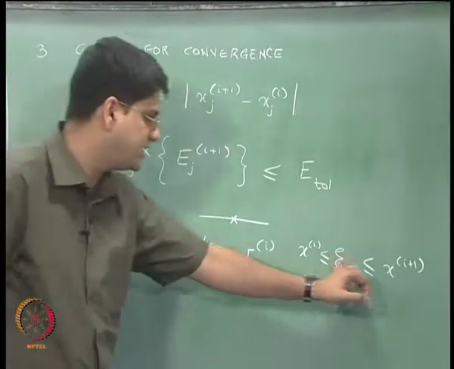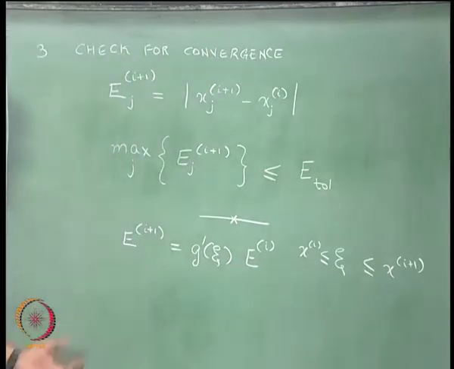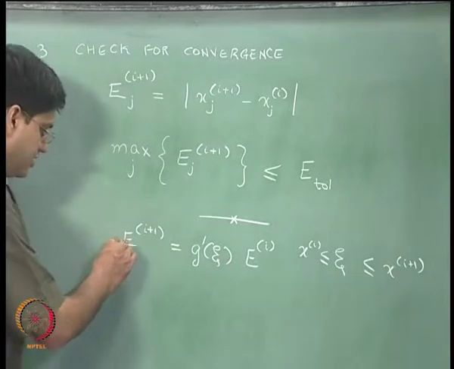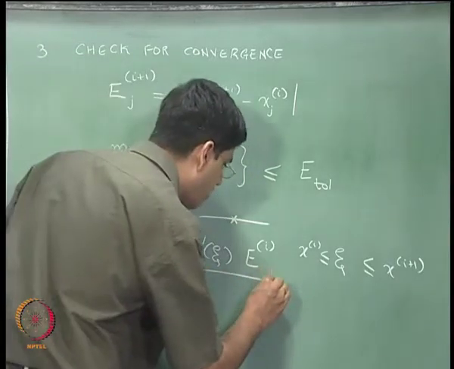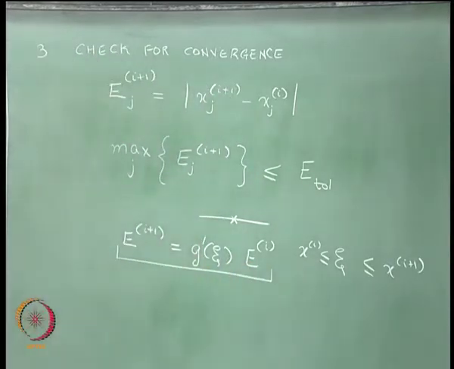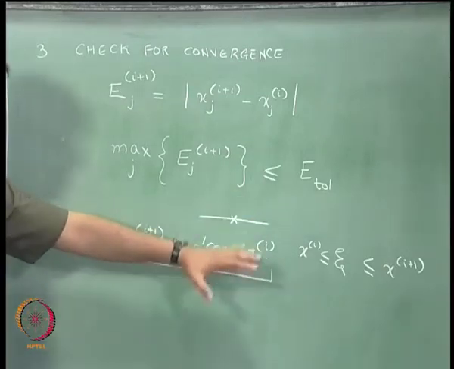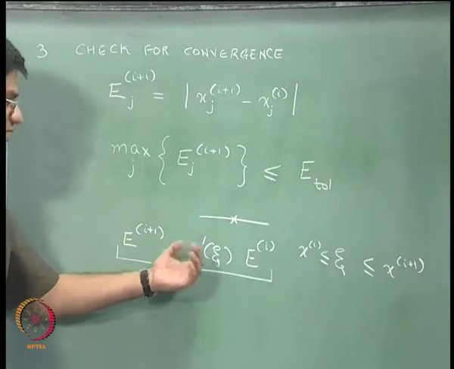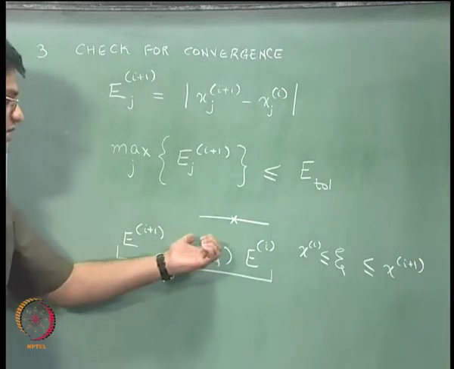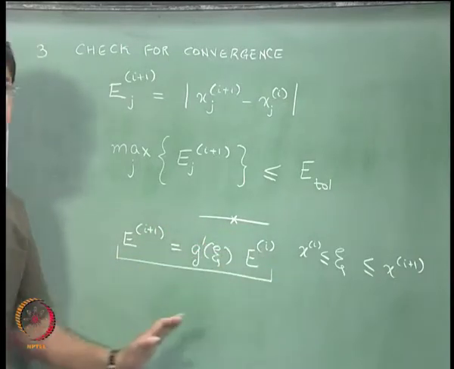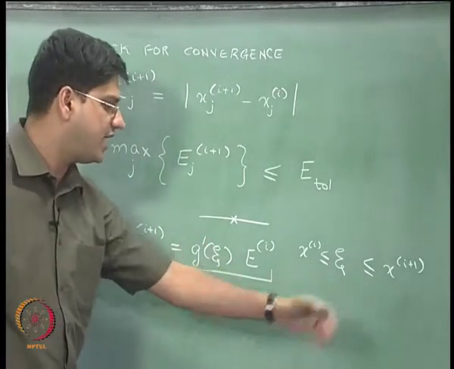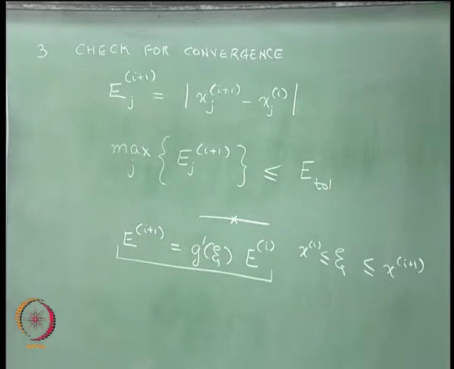So zeta is a point that lies between xi and xi+1. This is the expression that we essentially got for the single variable case, and it came right out of expanding the Taylor series and throwing away the terms of second order and higher.